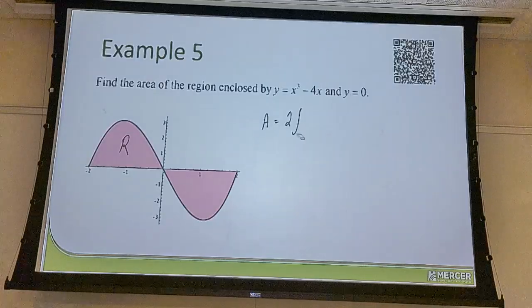Set up the integral from negative 2 to 0.